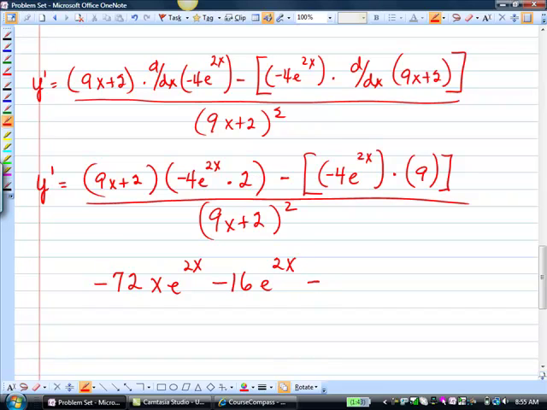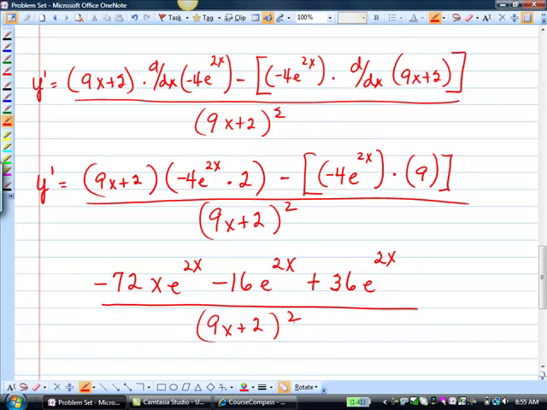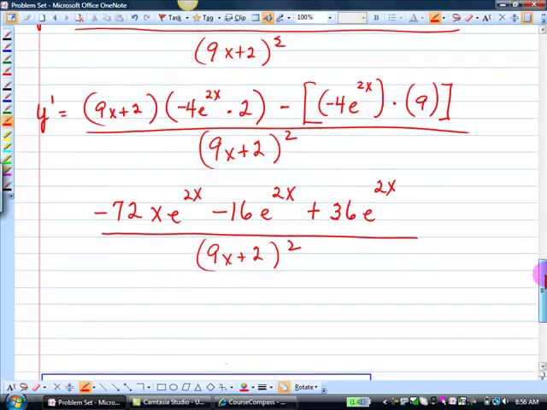Minus, what's going to happen to that minus? Turn into a plus because we've got a minus minus, so that's going to be plus 36 e to the 2x over 9x plus 2 squared. Okay. All right, can we do some combining here?